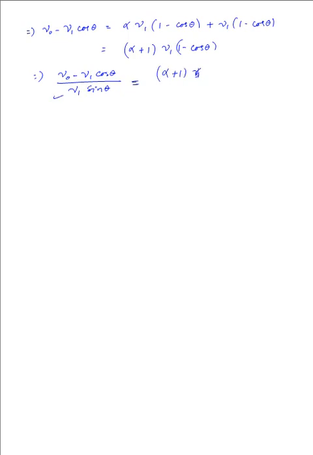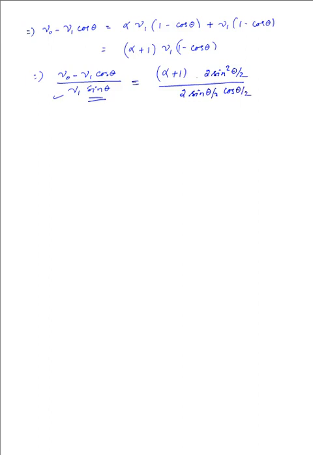And we have 1 minus cosine theta. Well, that can be taken as simply 2 times sine squared theta over 2. And because we have got another factor sine theta over here, that can be 2 times sine theta over 2 cosine theta over 2.